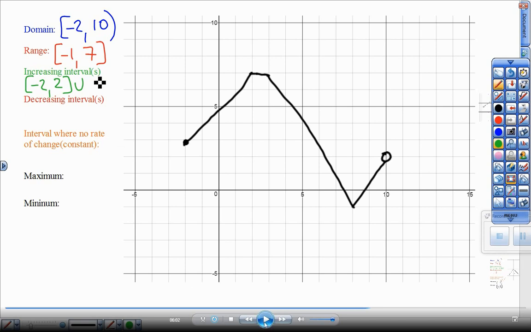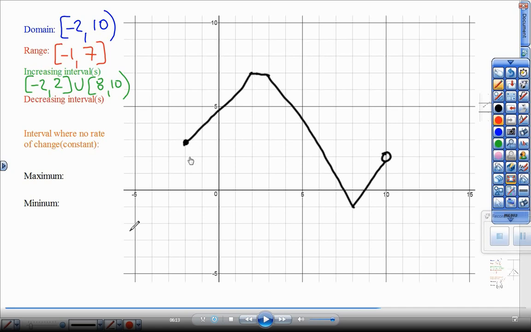Alright, increasing. We're going left to right. This graph is going uphill, so it's increasing right here and right here, 2 places. That's why I'm writing 2 of these. So my first place where it's increasing, going back to interval notation measured from left to right, it's increasing from here from -2 to 2, square bracket because this is closed, another square bracket because this is part of the function that's not open right there.